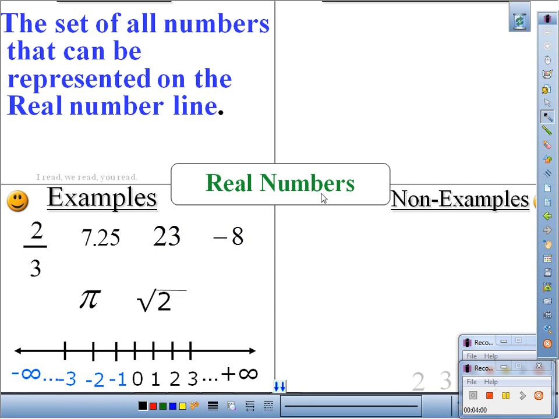Now let me elaborate on what is not a real number. Before I go there, though, look at this. Square root of 16. To find the square root, we need to find 2 factors.